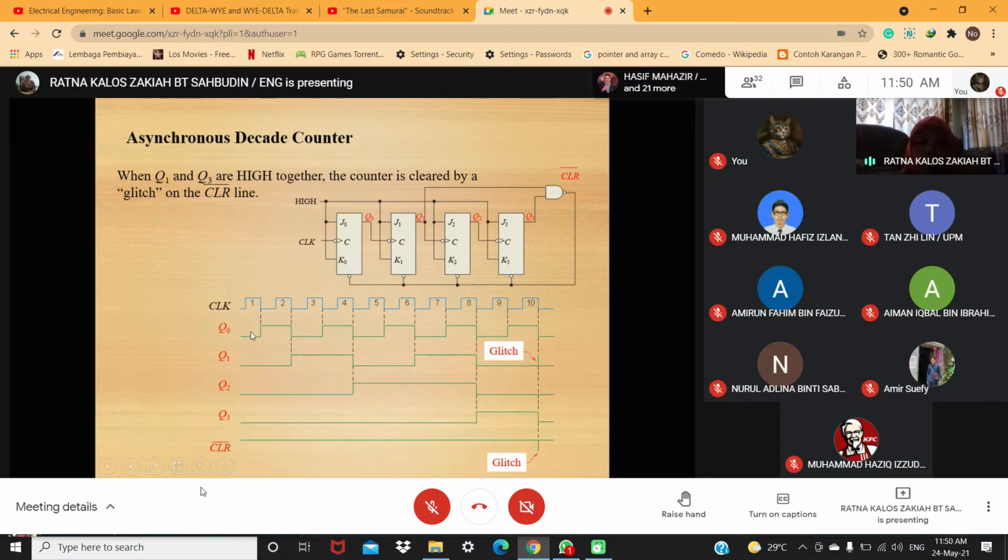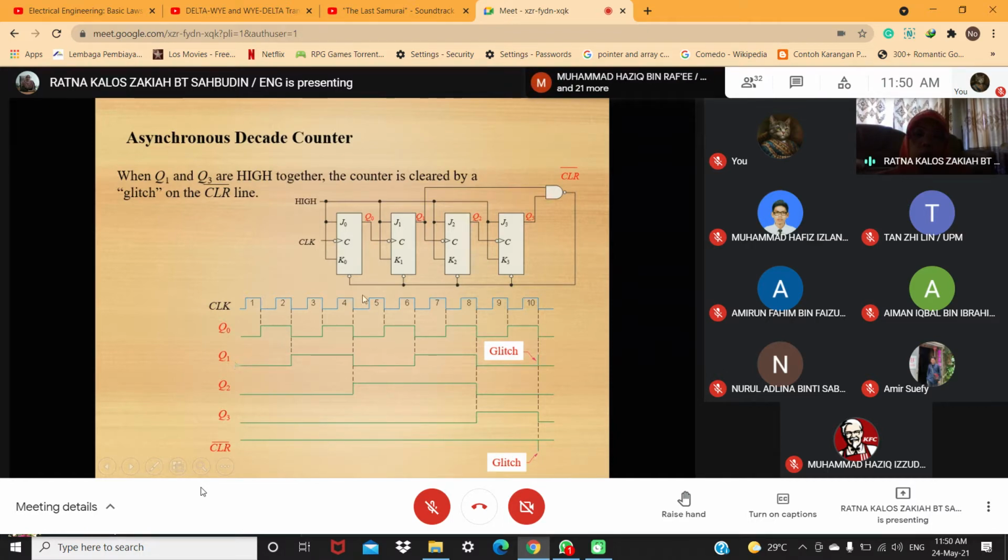So you draw the timing diagram for Q0. Q0, there is no problem. You just draw, change at the negative edge. So you have low there, high, low, high, low, high, and so on. Until 10 here, because you have up to 10 here, because decade.